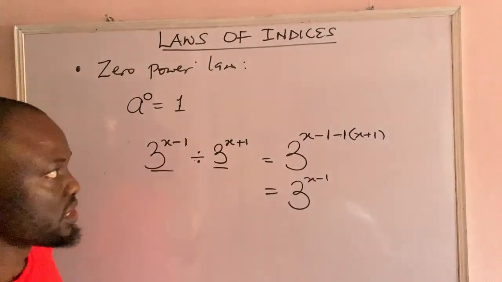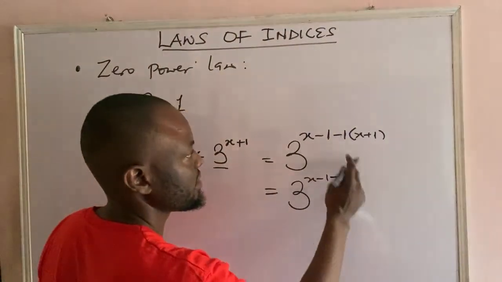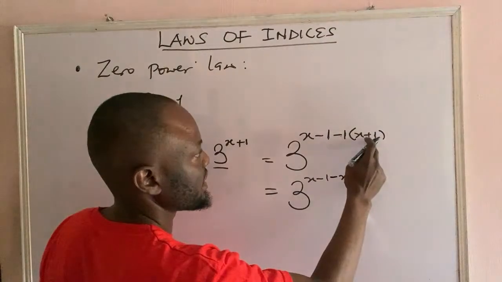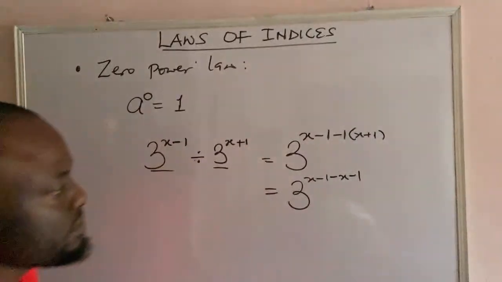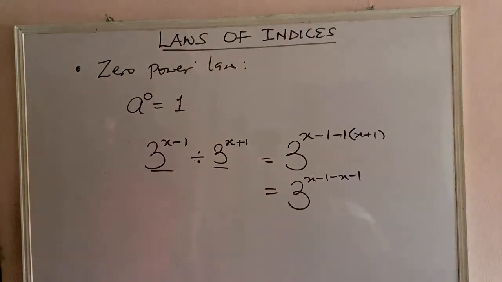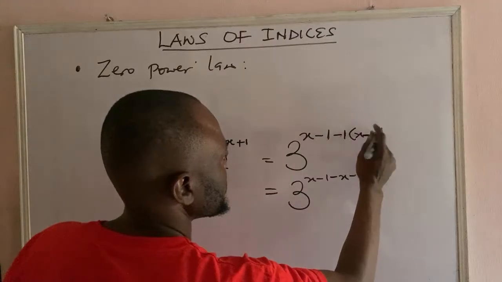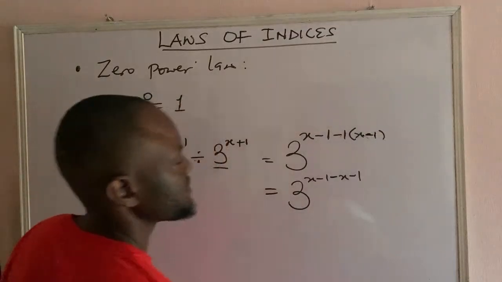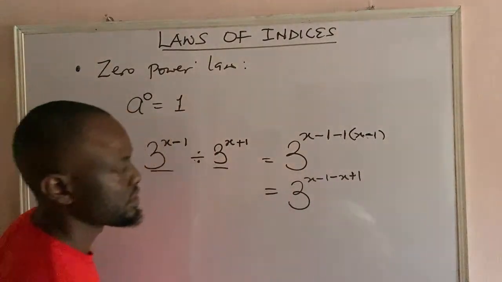You can watch the previous video. So minus 1 times plus x will give you minus x. Minus 1 times plus 1 will give you minus 1. What I actually wanted is this should be a minus. So if you do minus 1 times the minus 1 will give you plus 1.